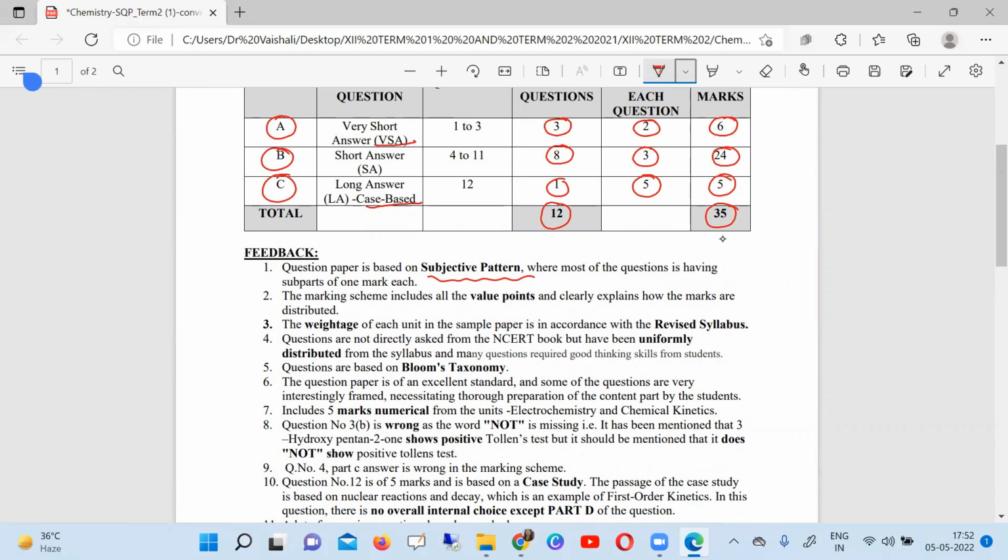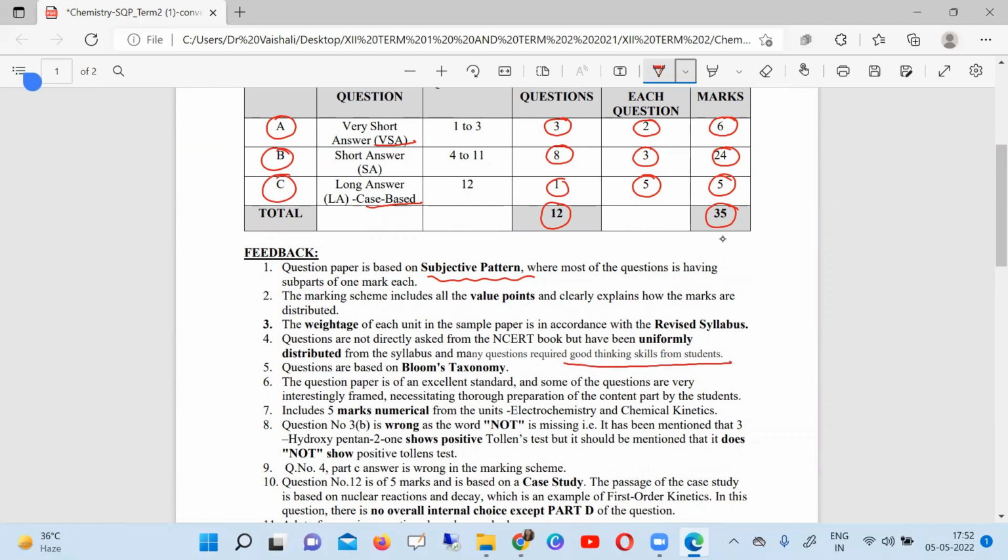The weightage of each unit in the sample paper is in accordance with the revised syllabus. Questions are not directly asked from the NCERT book, but have been uniformly distributed from the syllabus, and many questions required good thinking skills from the students.